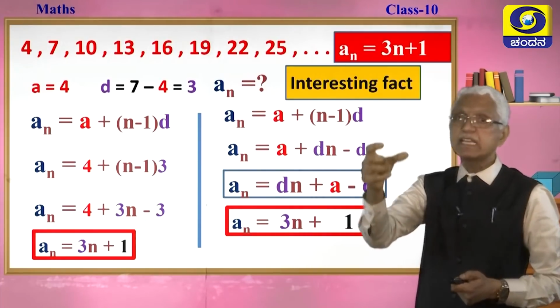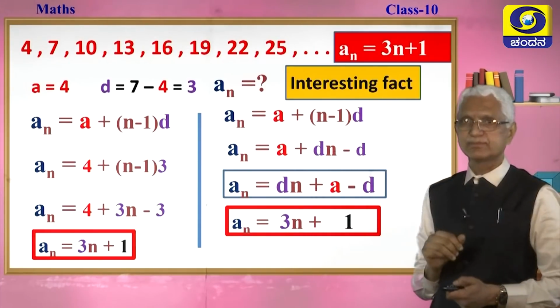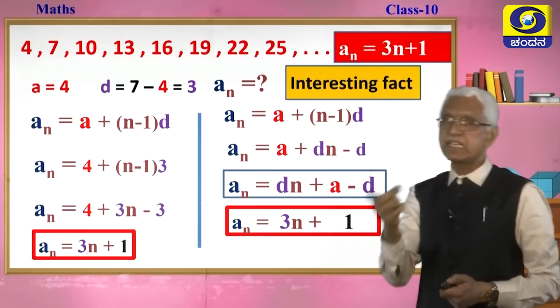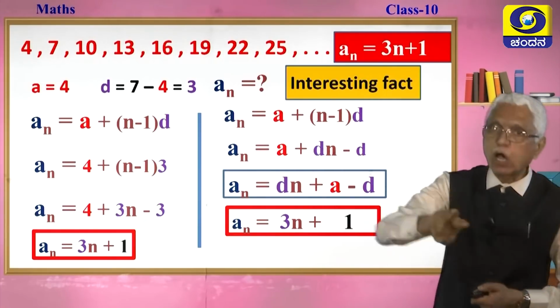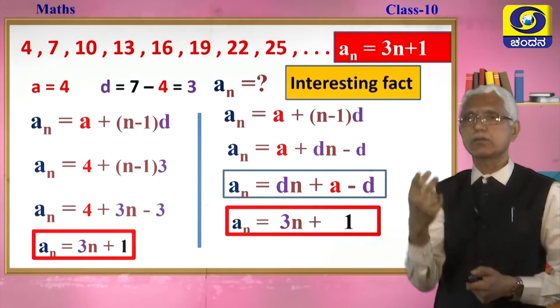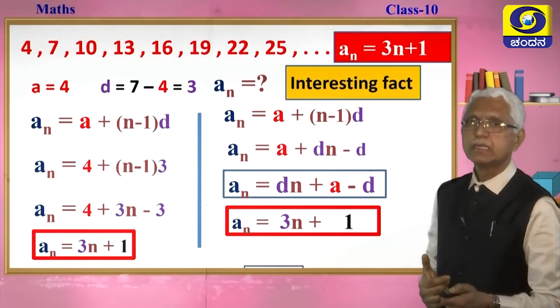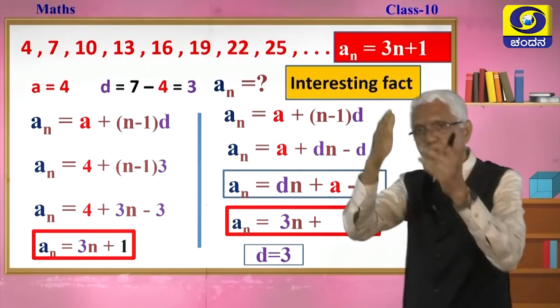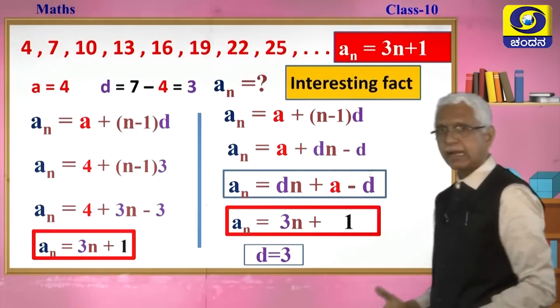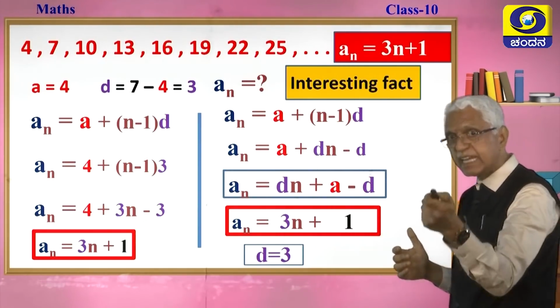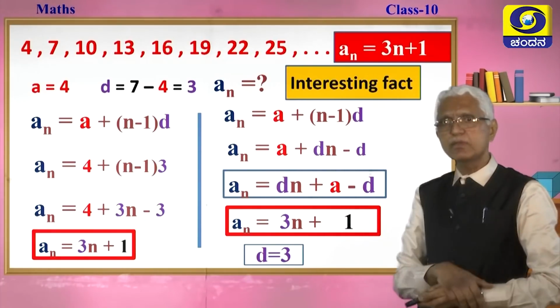So, two things are equal to the same thing. dn plus a minus d is equal to an, 3n plus 1 is also equal to an. Two things which are equal to the same thing are equal to one another, correct? An axiom. Thereby, when you compare, in place of d you have 3, that is the common difference.